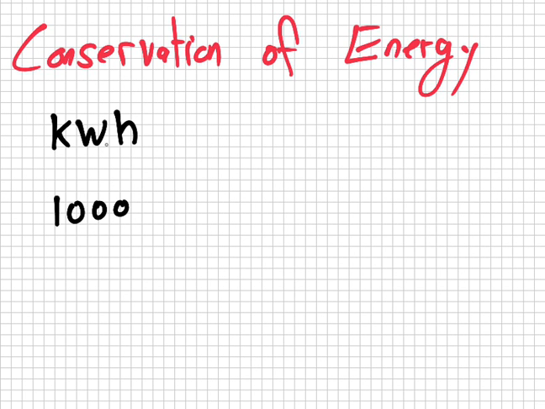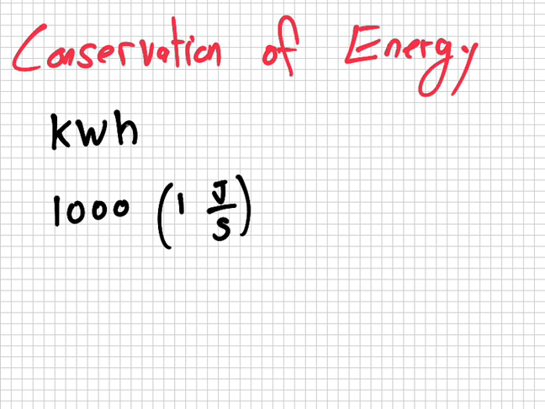How big is 1 watt? 1 watt is 1 joule per second. So this here is 1 joule per second.